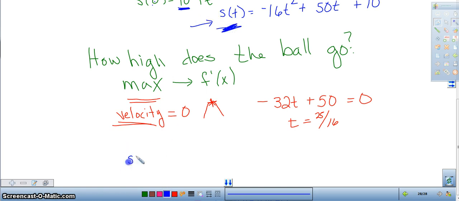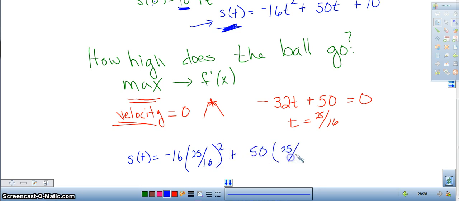So s of t equals negative 16 times 25 over 16 squared plus 50 times 25 over 16 plus 10, and that will give me my height. The height is 49.0625 feet. That's how high the ball will go.